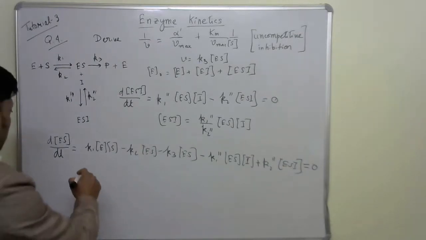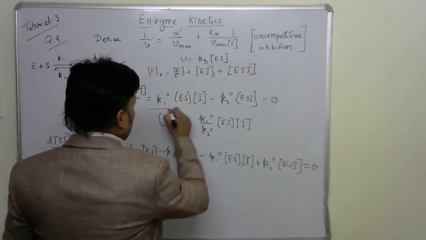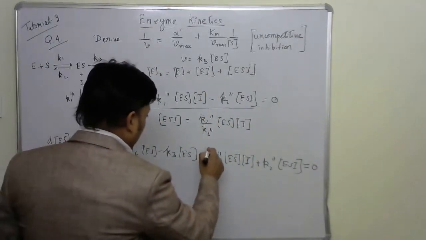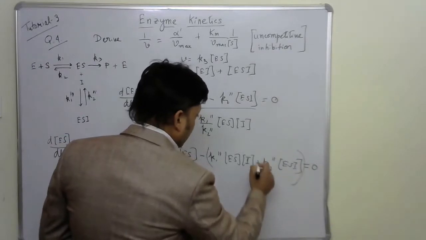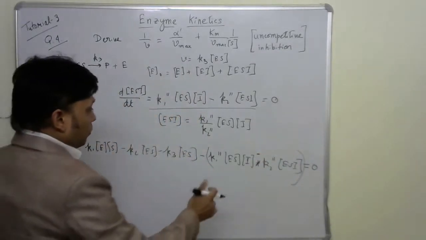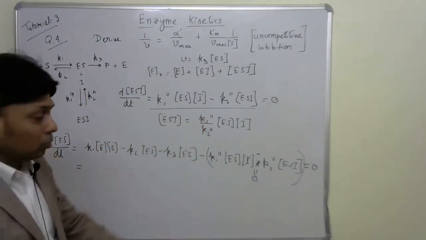So now let's take a look at this expression. This part is already equal to 0. So if I take this minus part common, then this becomes minus. This part has already been determined to be 0.